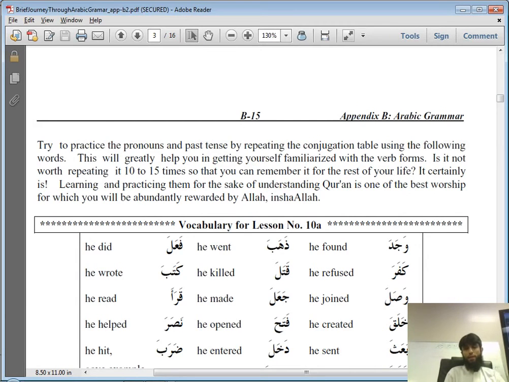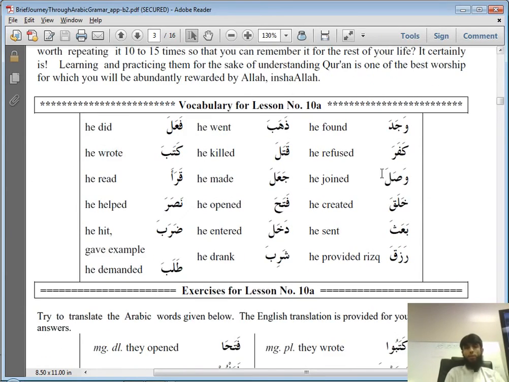And then you'd find some examples here. Let's do that quickly. Wajada is he found. So look, you are mentioning two things here. You're mentioning the action, which is finding, and you know that it's past tense. And you're also mentioning the type of the doer. Kafara: two things, disbelieving, refusing, and also the actor, which is third person here.